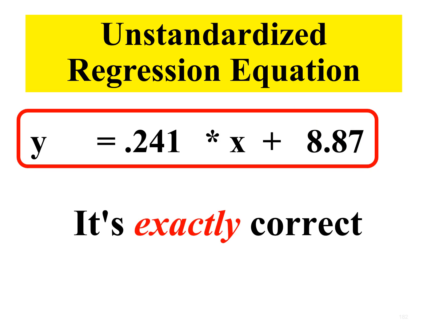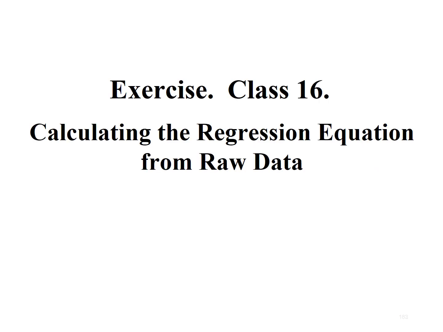Now this is exactly correct. This is not an estimate, this is the actual regression equation of this data set. At this point, go ahead and complete exercise 16. Once you're done completing exercise 16, come back to the video and continue with the lecture.